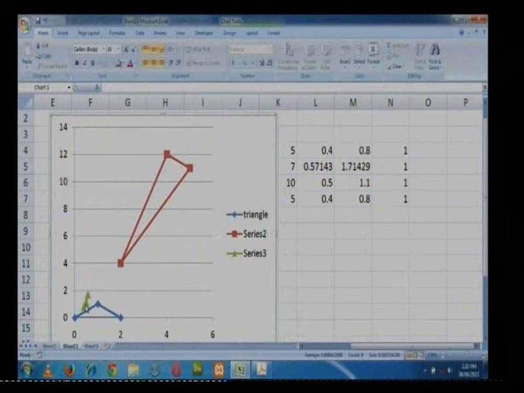Yeah. Did you achieve that? Have you done this division of all these things? What is the problem?